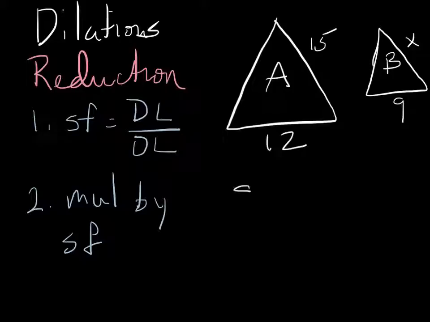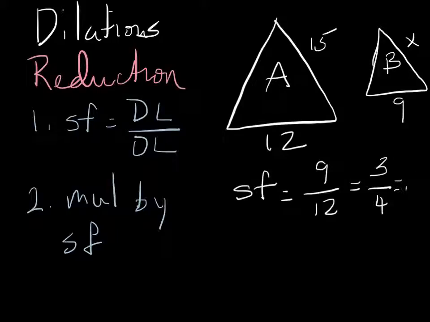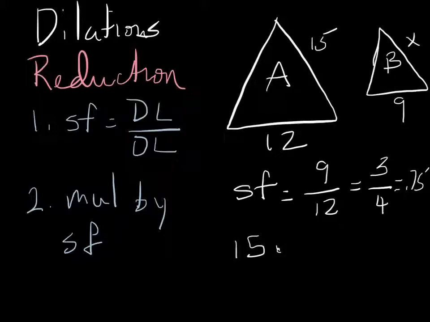Well, your scale factor in this case is going to be 9 over 12, all reduced, that's 3/4 or 0.75. Then you're going to take the length that you have and multiply it by 0.75, and that comes out to be 11.25.